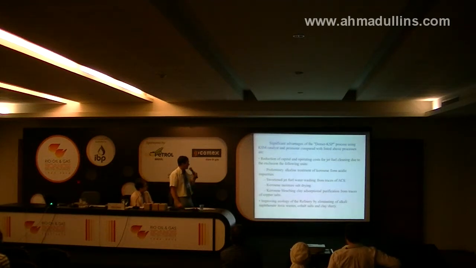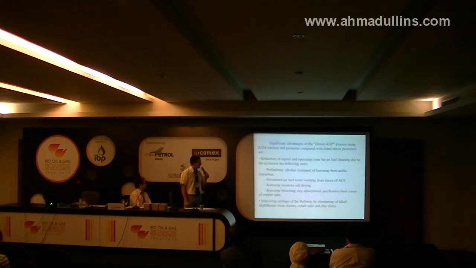Significant advantages of the demercaptanization process using KSM catalyst and promoter compared with the above process are reduction of capital and operating costs for jet fuel cleaning due to the exclusion of the following units: preliminary alkaline treatment of kerosene from acidic impurities, sweetened jet fuel water washing from traces of acidic catalytic solution, kerosene moisture salt drying, and kerosene bleaching clay adsorption purification from traces of copper salts.